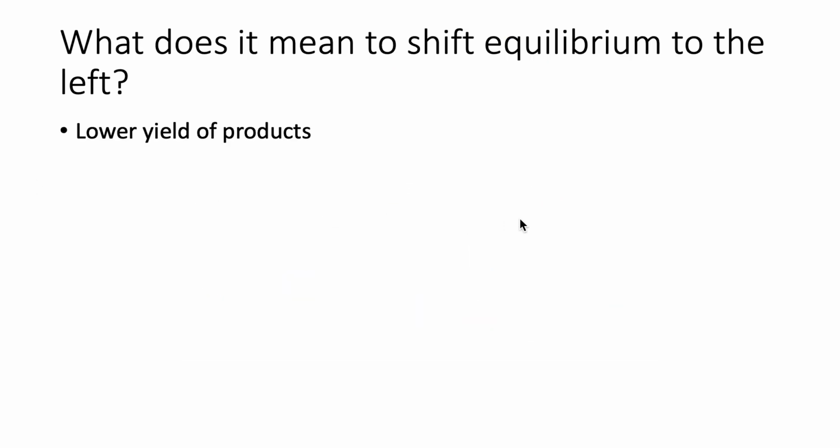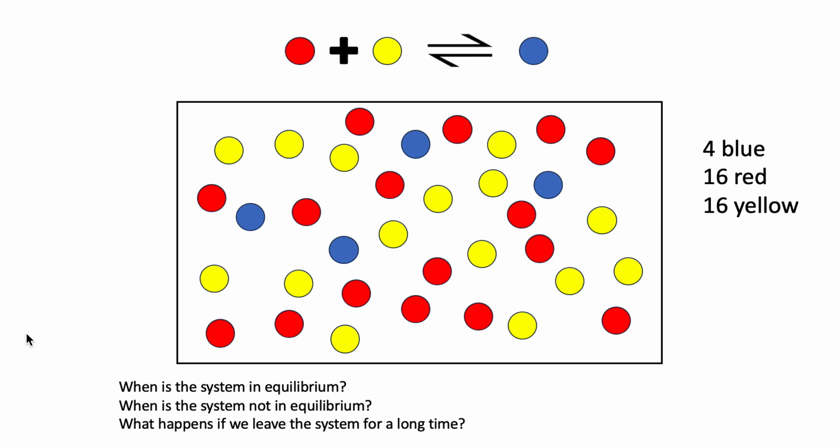You can also shift equilibrium to the left, getting a lower yield, again by changing the conditions, but changing them in the opposite direction. So if you increase pressure to increase the yield, you decrease pressure to decrease the yield. And that varies a little bit from reversible reaction to reversible reaction.